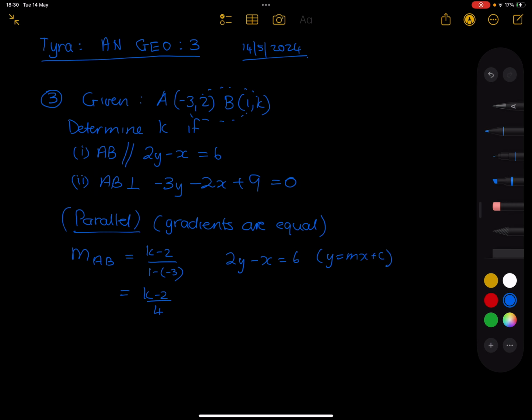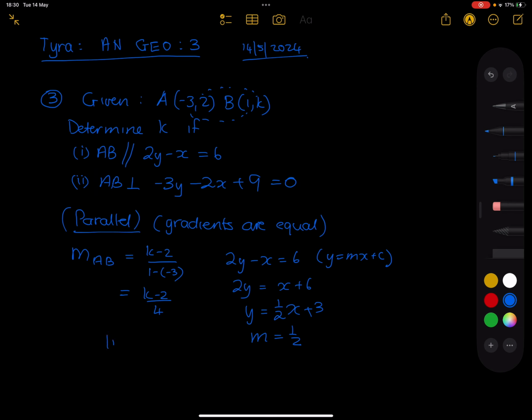So then you see 2y is equal to x plus 6, and y is equal to a half x plus 3. Do you agree with me? Yes, ma'am. Because there's 1 and I divided it by 2. So the gradient here is a half.